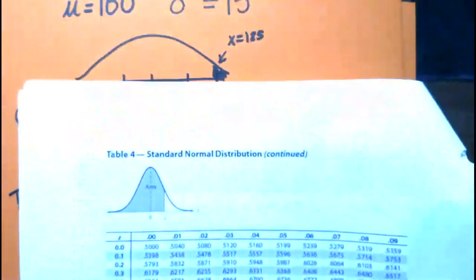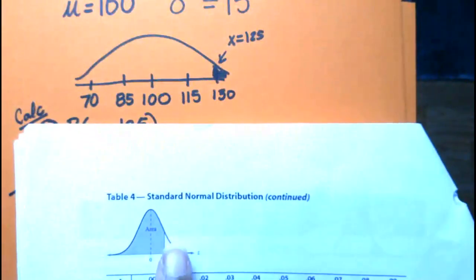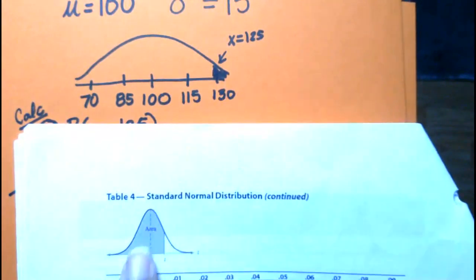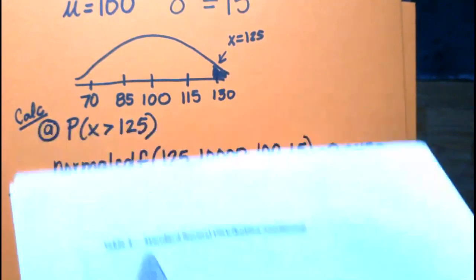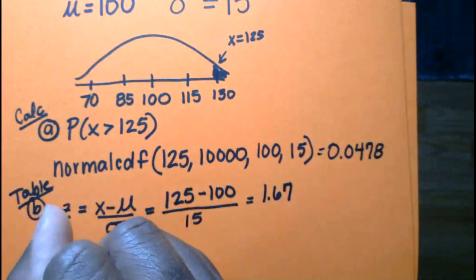I'm doing 1 minus because notice our graphs don't look the same. See how it's shaded on the right here, and mine's shaded on the left here. That means I should be taking 1 minus what I see.